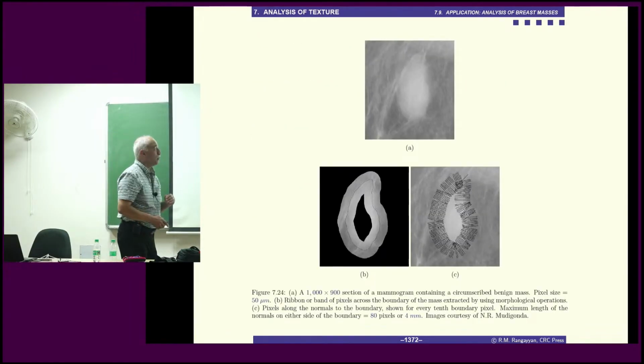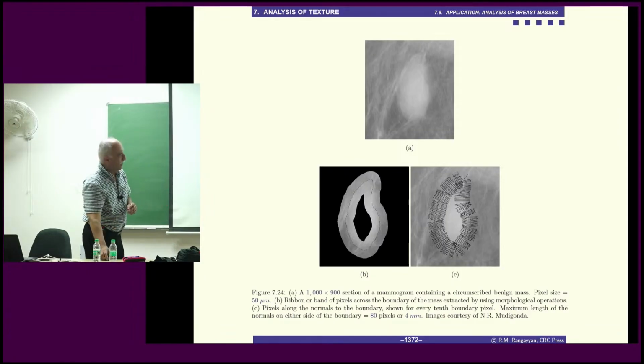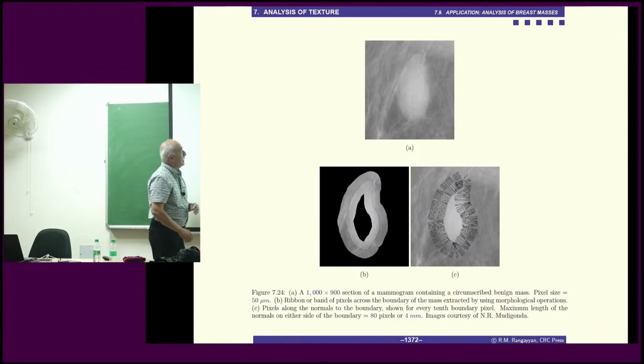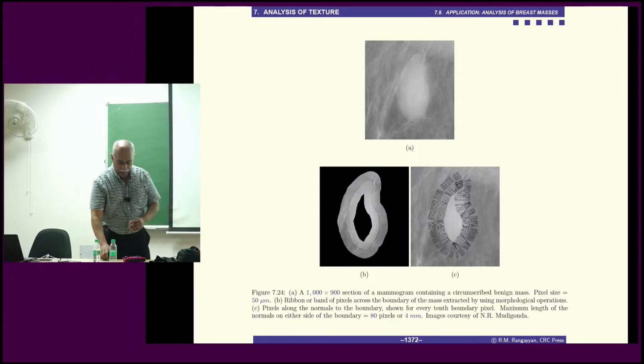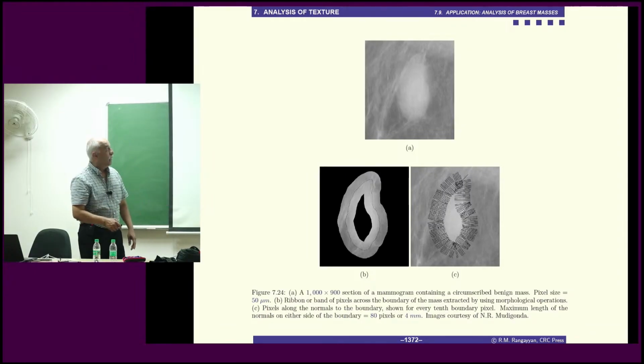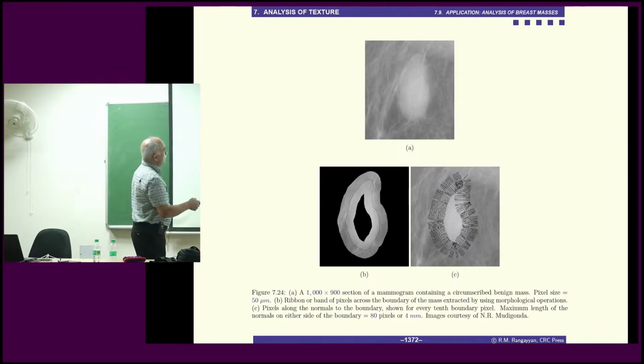I'll just show this image to explain one of our projects where we said, as I described earlier, when you are analyzing breast masses in mammograms, what is inside the mass perhaps is not as important as how the mass is interacting with the surrounding tissue and the contrast between those two regions. So for that, we took the contour drawn by the radiologist and dilated that on both sides, such that we get a certain amount of pixels inside the contour and outside the contour.